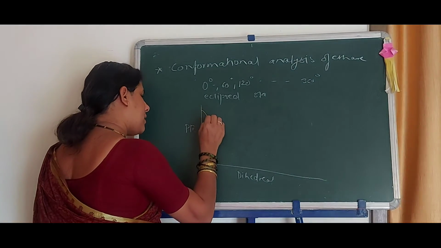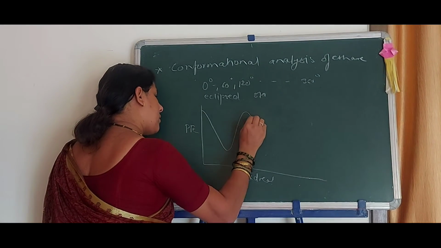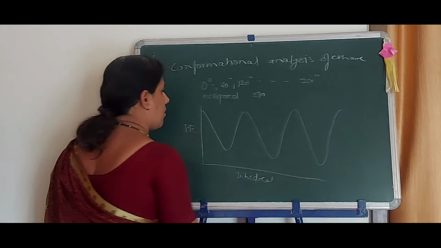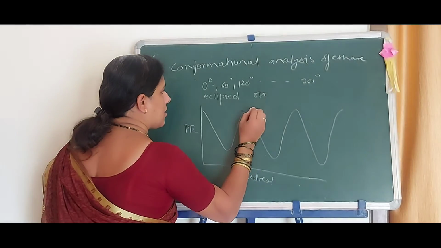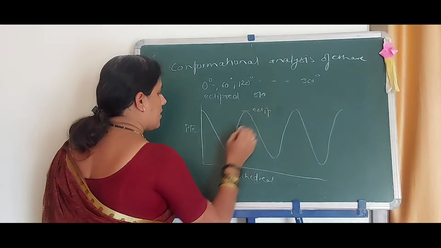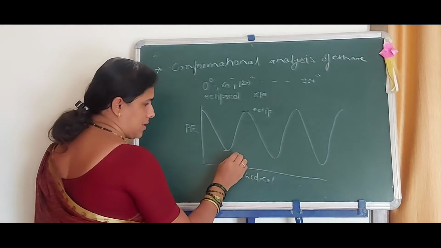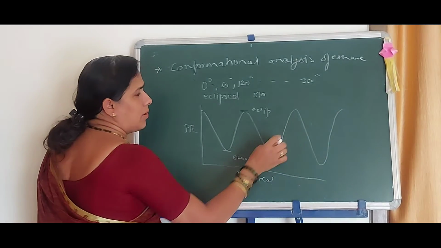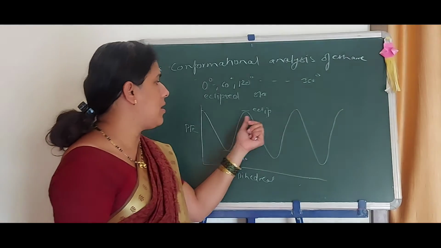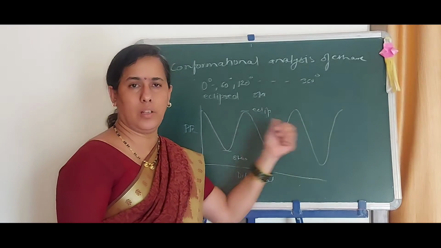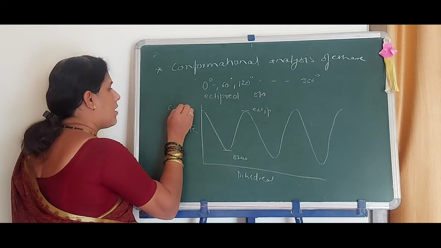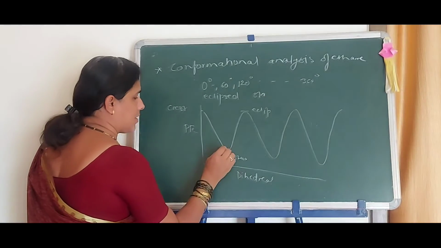Here in this type of diagram we have to represent the curves. This position represents eclipse, this represents the staggered position. This half and this half means in total there are 3 crests and 3 valleys.